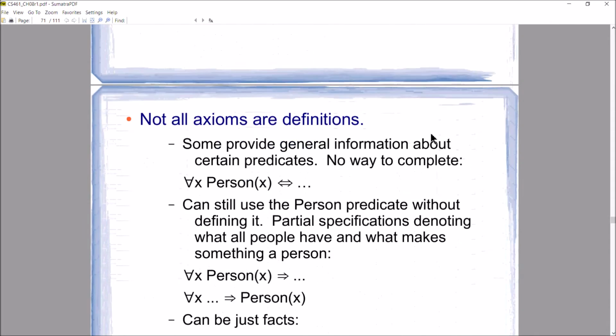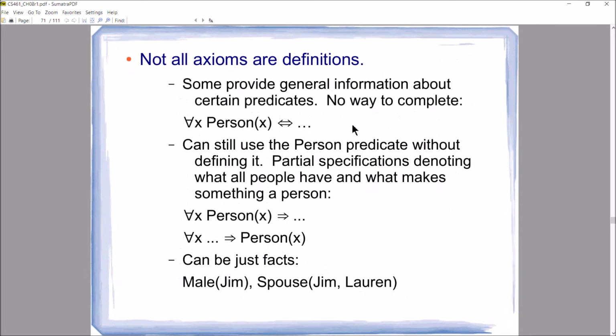Not all axioms are definitions. Some are going to give you some general information about certain predicates, and there's not any way that you can complete them. So some things remain partially defined, and they can still be useful. For example, you can have just some facts. Jim is a male.